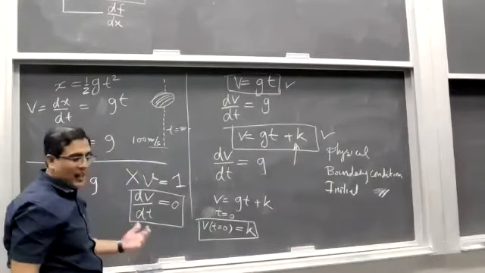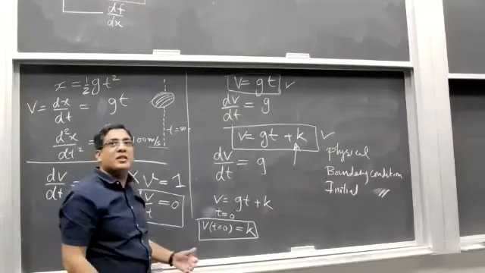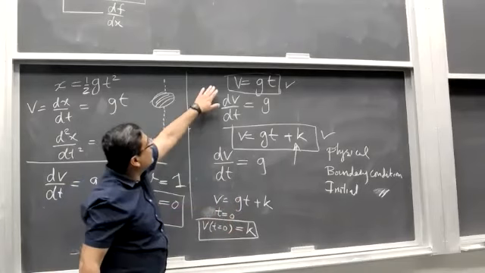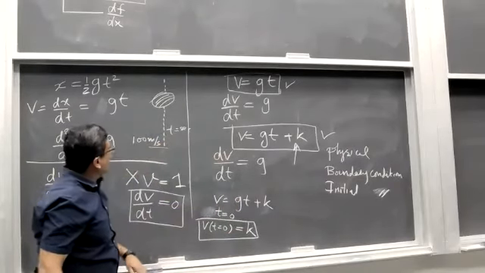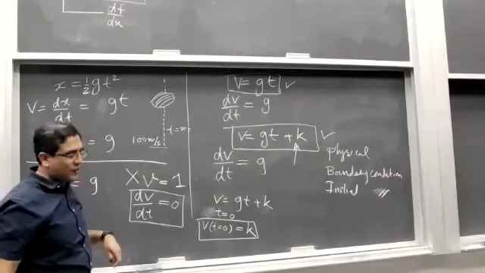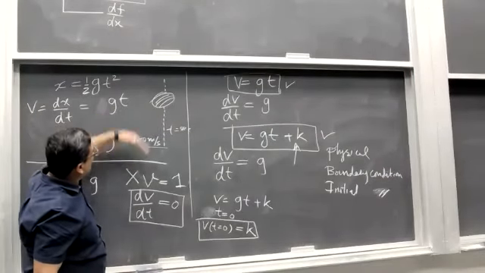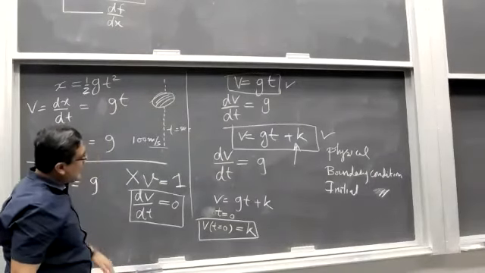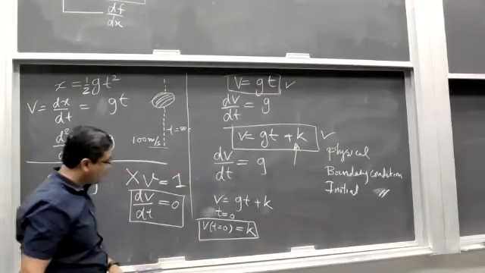Yesterday, when we were discussing this example, we chose this velocity to be 0. That's why we were dealing with this simple model. But the more general case is that the object could be falling before we start our observation. At time 0, for us, the object may already have some velocity, and that velocity is here.